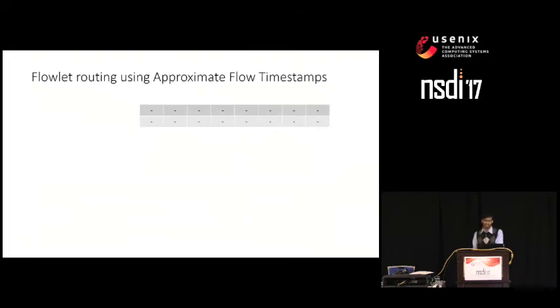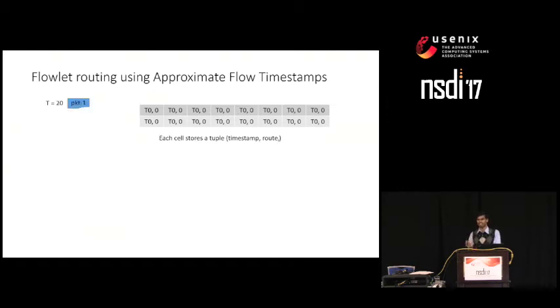So let's take a look how we can implement Flowlet routing using approximate flow timestamps. And for simplicity, let's assume we have only 2 rows. Each of our cells is now going to contain a tuple of timestamp and a route ID. And let's say at t equal to 20, packet 1 comes along and it hashes to these 2 cells. Let's take a look at the flow timestamps to figure out whether this flowlet is live or not.